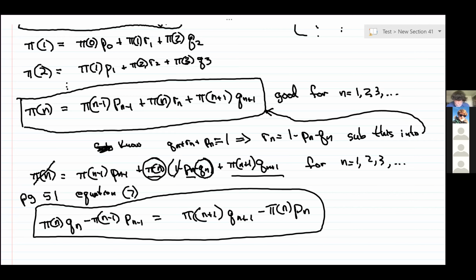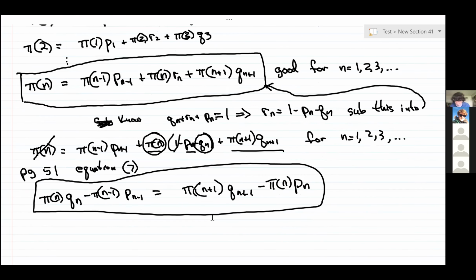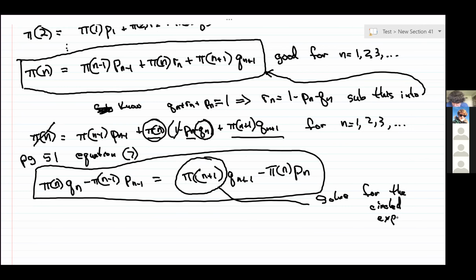So let's see, and that's what he's doing. What he wants to do is solve for the circled expression.